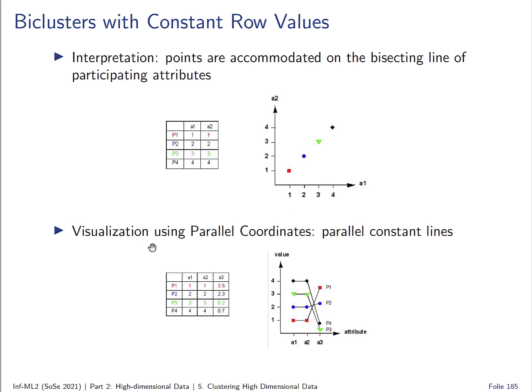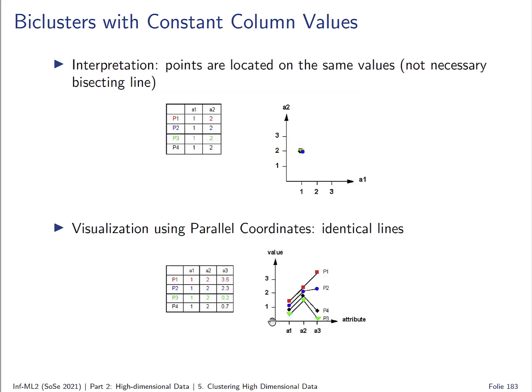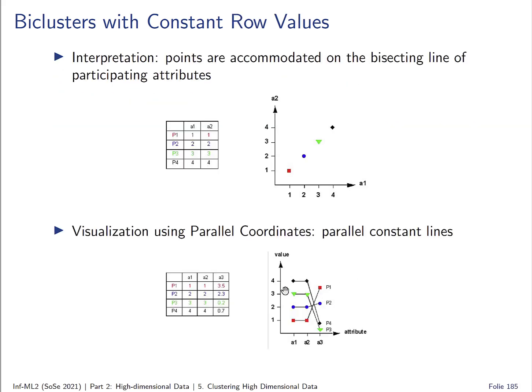Again, if we have a look at the parallel coordinates here, then the specific pattern that we see in this parallel coordinate plot is parallel constant lines, rather than these identical lines here, which are parallel again, of course, because they're identical. Here we have parallel lines, but they need not be identical anymore, because the parallel lines can be at different values, so to say.